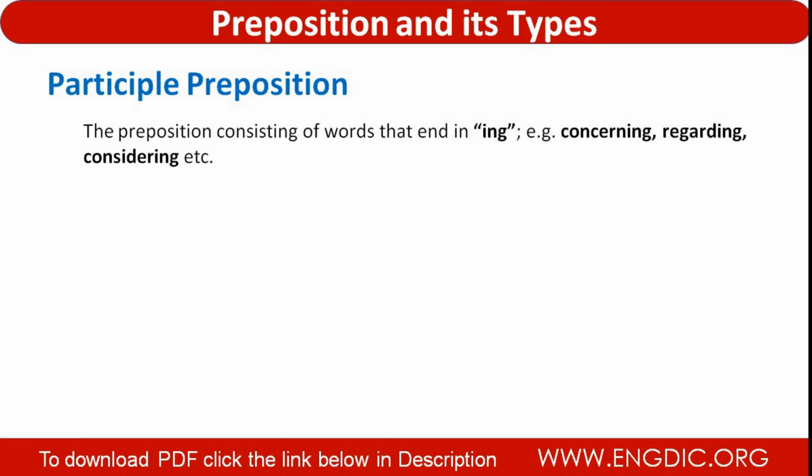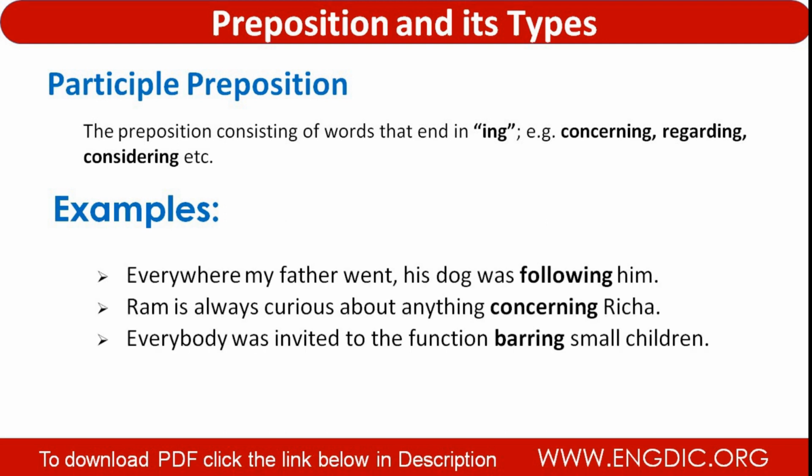A participle is actually a verb form that ends with en or ing. Here are some sentence examples. Everywhere my father went, his dog was following him. Ram is always curious about anything concerning Rita. Everybody was invited to the function barring small children.